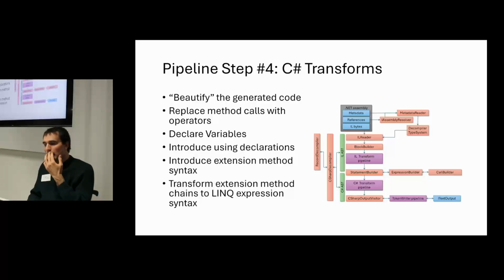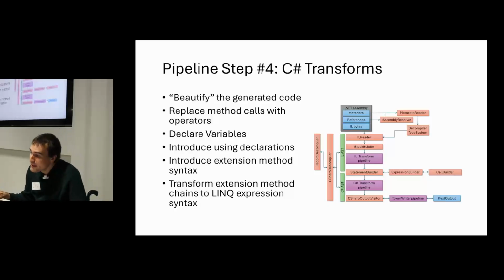And they basically just do smaller beautification. Also, this replacing of the operator method invocation with the operator syntax, the bug I showed you before, is done at this step. We also declare the variables, we introduce using declarations, and we introduce the extension method syntax.